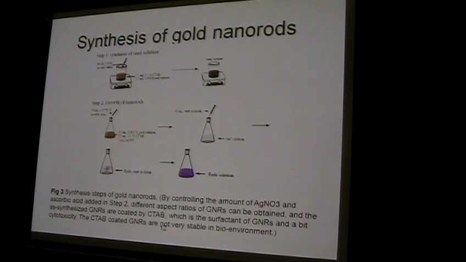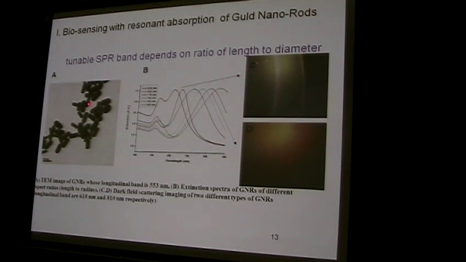By controlling the concentration of these chemicals and the reaction time, we can precisely control the shape of the gold nanorods, particularly the aspect ratio of the length over the diameter. And you see here the different shapes of the gold nanorods we synthesize, and the absorption, extinction spectrum can be tuned over a very broad range.